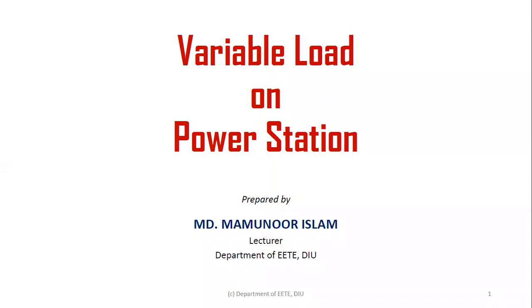Why? Because if we generate more, the AC power cannot be stored. We know that DC power can be stored using a battery, but AC power cannot be stored. That's why there should be coordination.